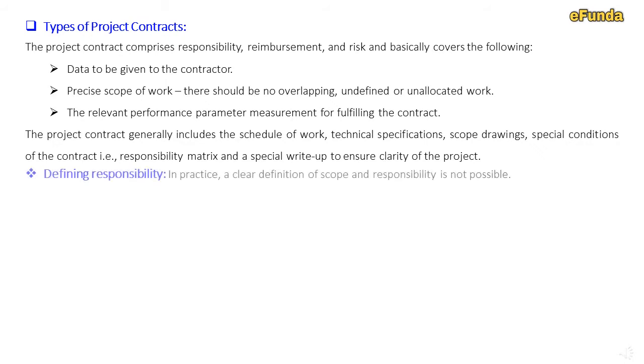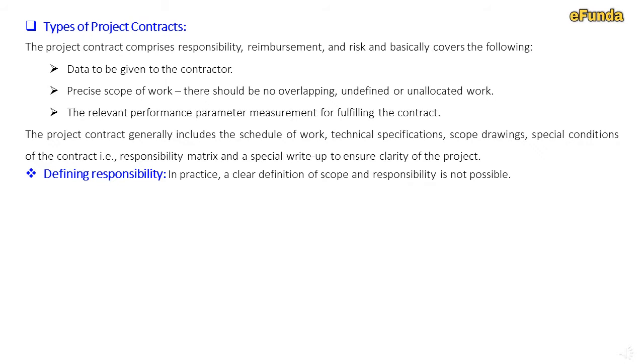Moving on to defining responsibility. In practice, a clear definition of a scope and responsibility is not always possible. Hence, we should try and define the scope and respective responsibility.